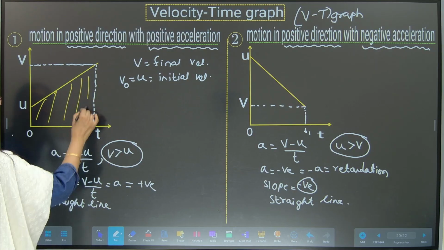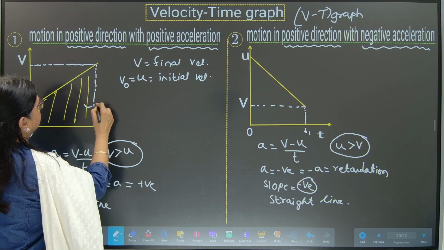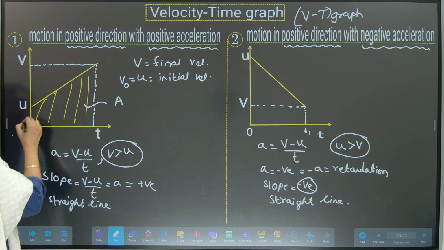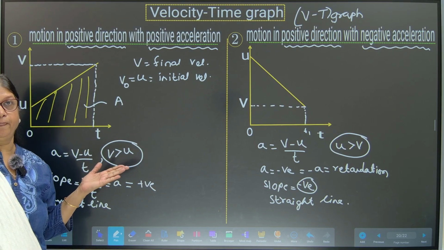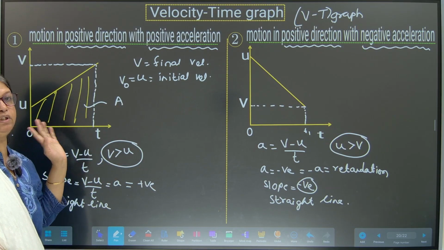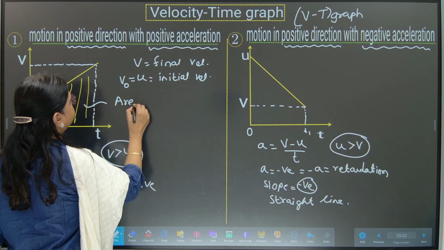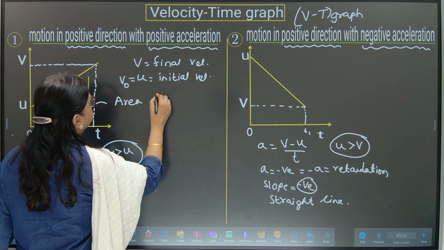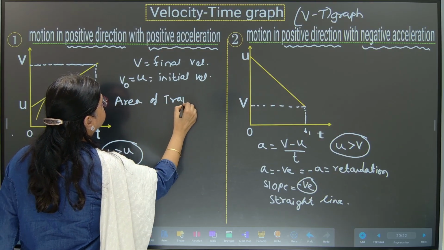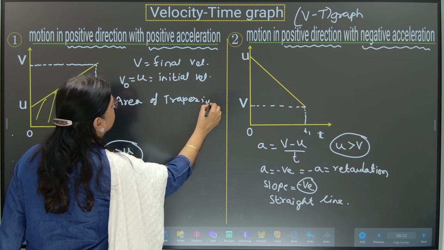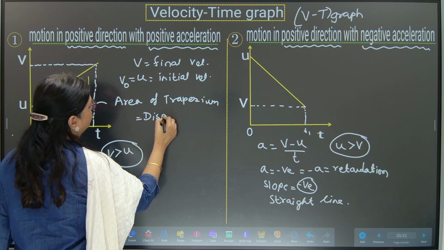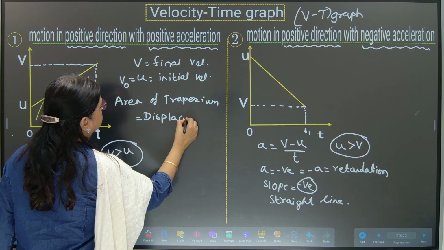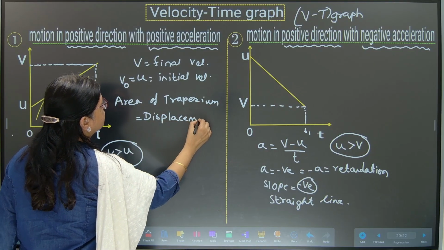This much area. This portion is a trapezium, with two sides parallel to each other. So the area of this trapezium will give me the displacement of the body in that particular time.